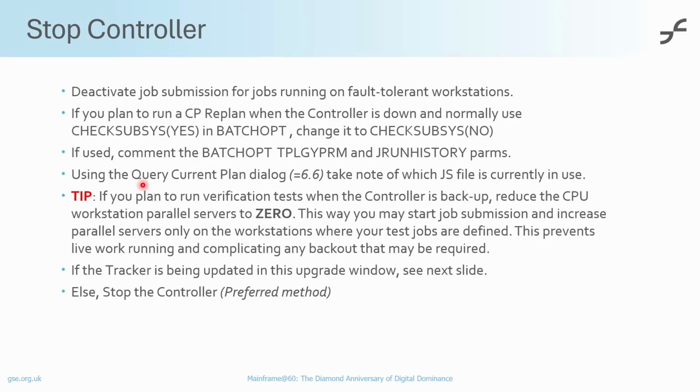If you are going to update the tracker at the same time, this should be the previous slide. If you think of updating the tracker, you need to perform what we have seen in the previous slide. Otherwise, you can stop the controller and go on.